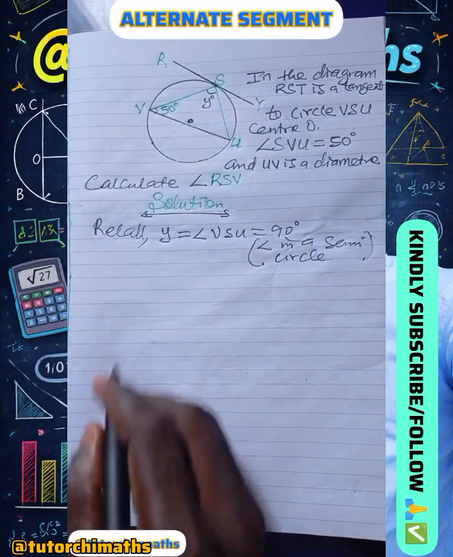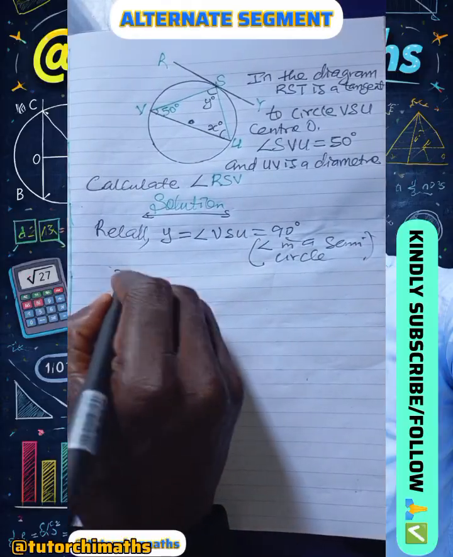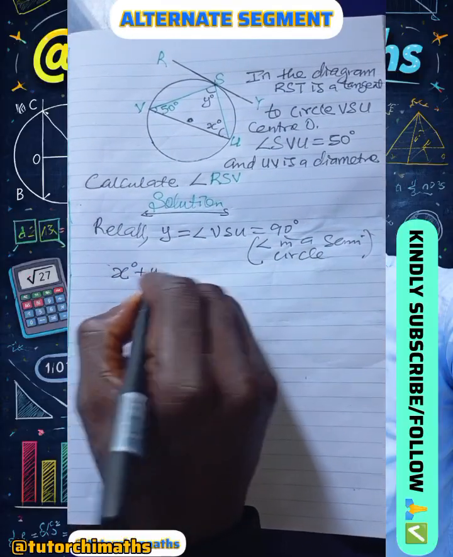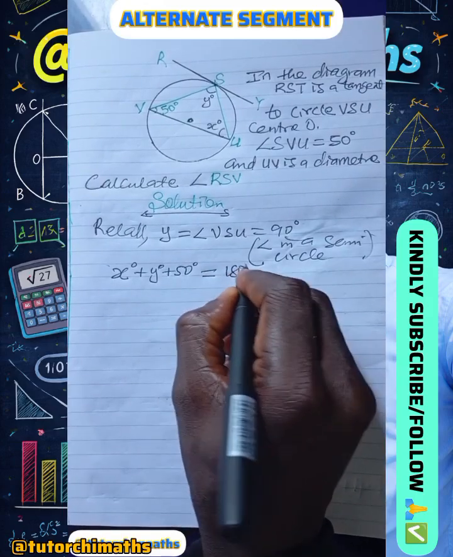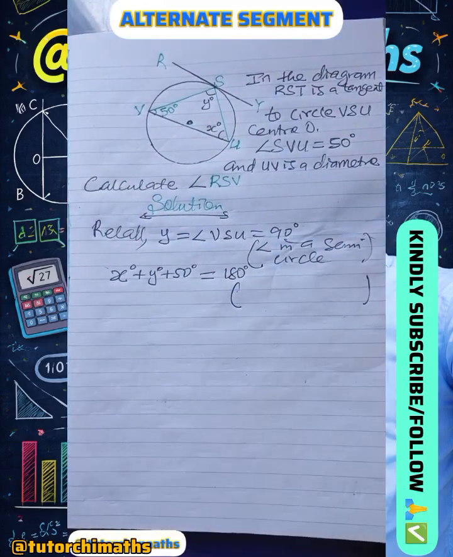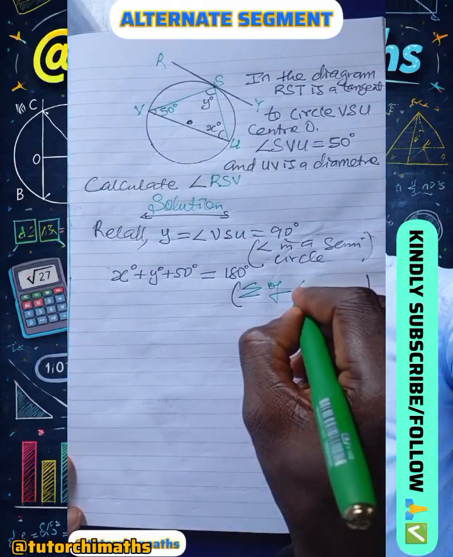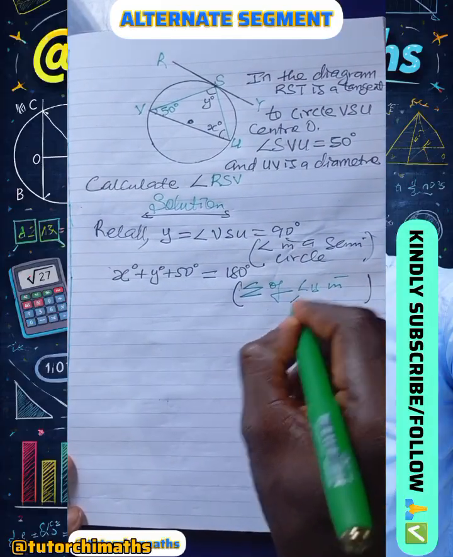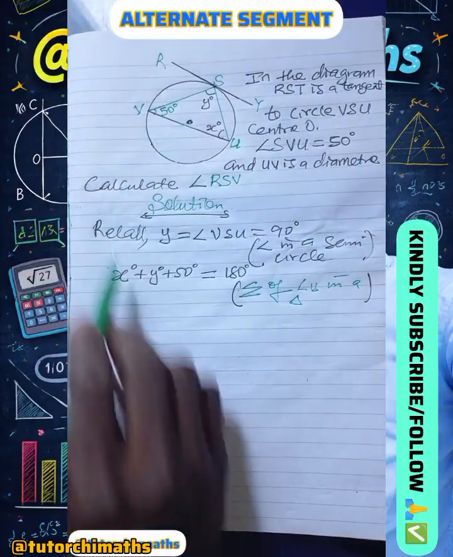Similarly, if here is X, X degrees plus Y degrees plus 50 degrees should give us 180 degrees. Our reason is sum of angles in a triangle.